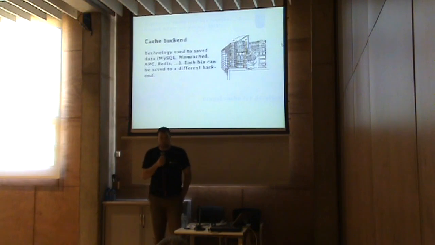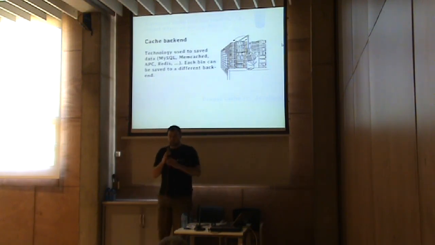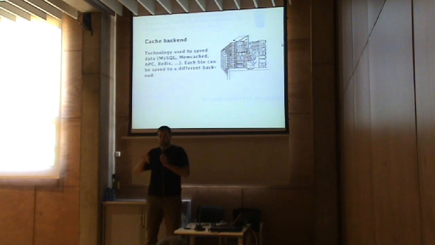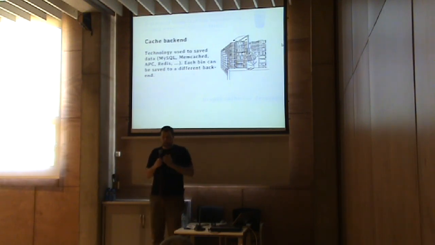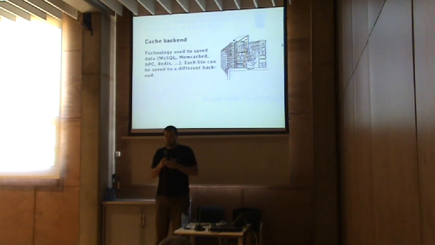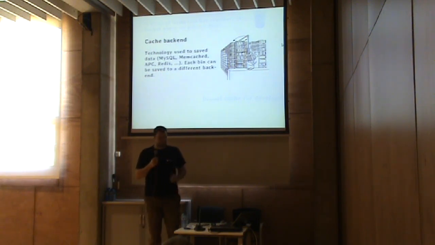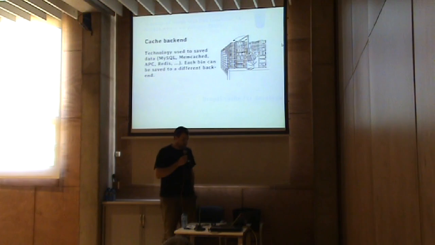The third level of cache in Drupal is a backend. A backend is the technology where you store your data. By default, Drupal uses the database, but as we will see, you can use a lot more things which have different options and different pros and cons.